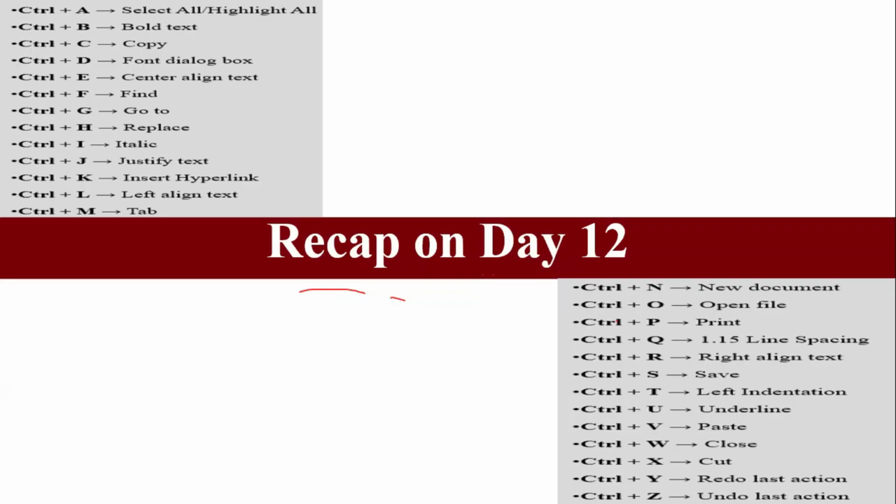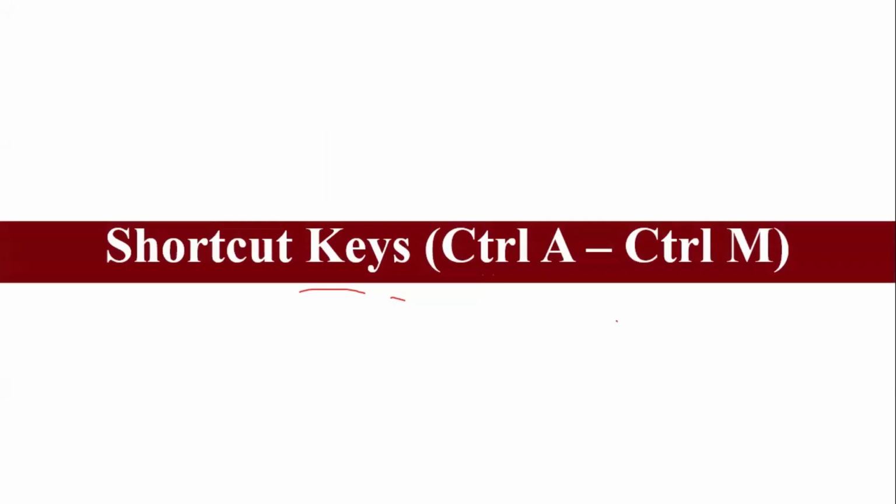Control U, underline. Control V, paste. Control W, close. Control X, cut. Control Y, redo the last action, that is, redo what you undid before. And Control Z is undo the last action. That is all you were taught about shortkeys, from Control A to Control Z.